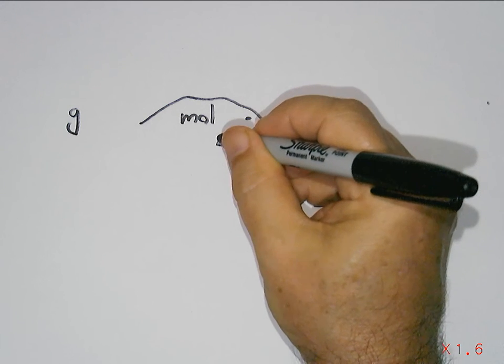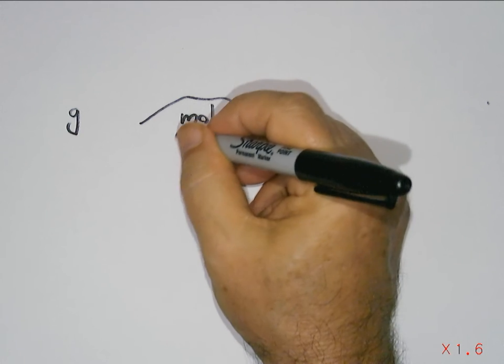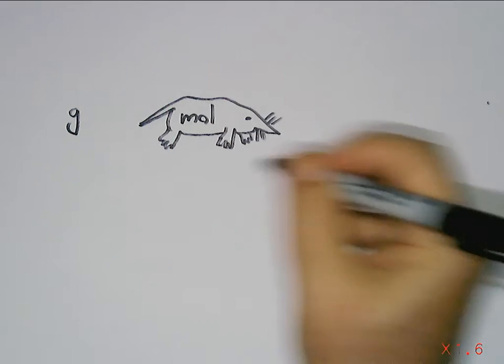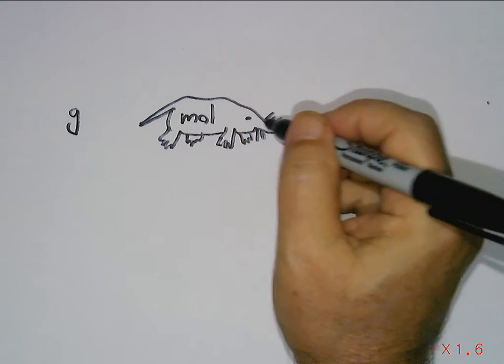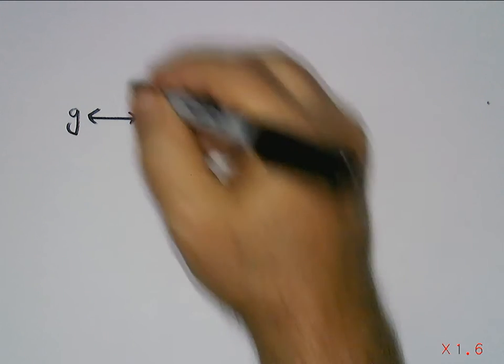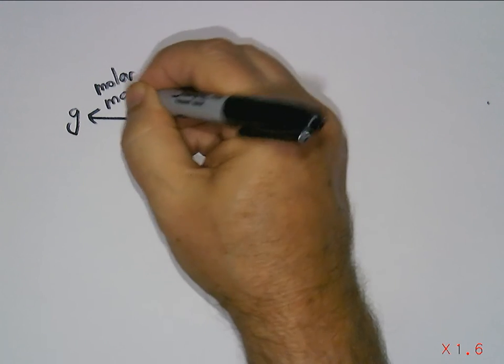Sometimes you can remember things a little bit easier if you draw a kind of dopey picture that goes with it. It sticks in your head better. Okay, so there's moles, that's in the center. You can go back and forth between grams and moles if you have the molar mass, and you know how to get the molar mass now, I hope.